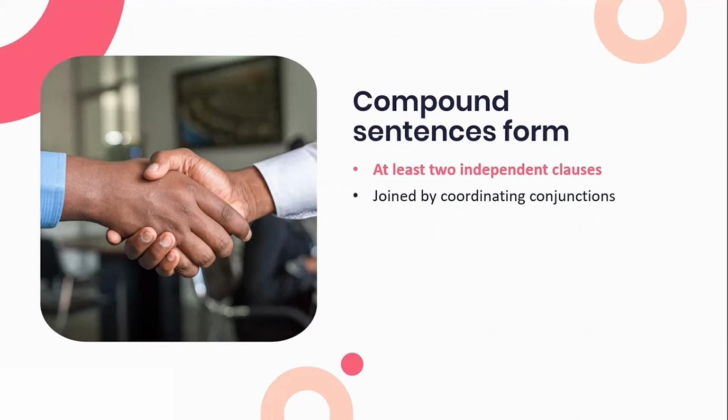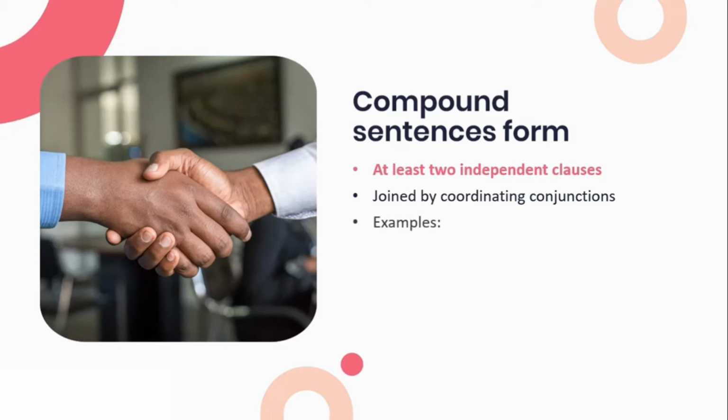Now remember, there are two types of conjunctions, so don't confuse coordinating conjunctions with subordinating conjunctions from earlier in this lesson. Subordinating conjunctions join independent clauses to subordinate clauses, whereas coordinating conjunctions join two independent clauses.